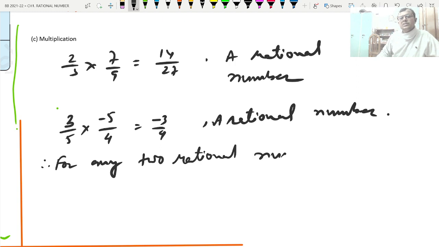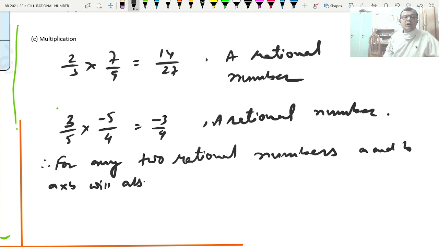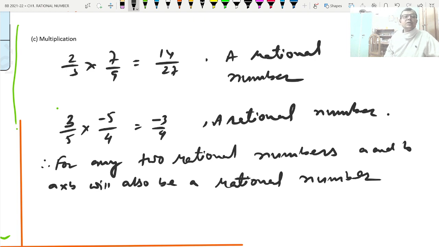Therefore, for any two rational numbers A and B, A into B will also be a rational number. You understood this point?